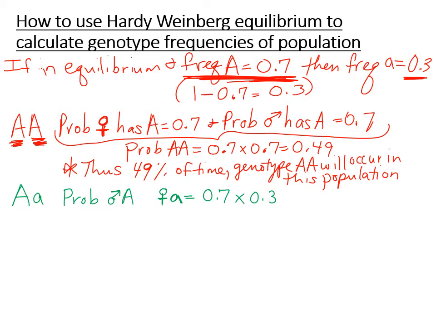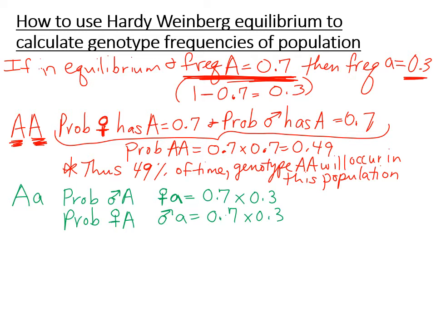Now, is that the only way that you can get a heterozygote? No, you can also get a heterozygote by getting the dominant allele from mom, okay? So there's a chance of getting dominant allele from mom and getting recessive from dad. So that is 0.3 times 0.7, or in this case, 0.7 times 0.3 again.